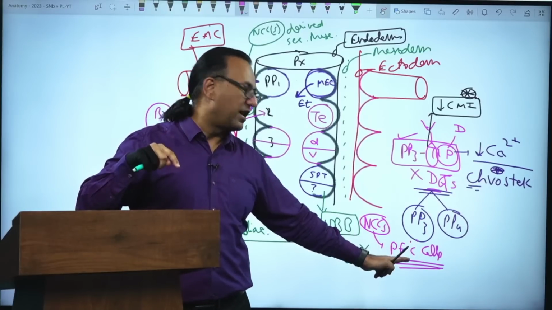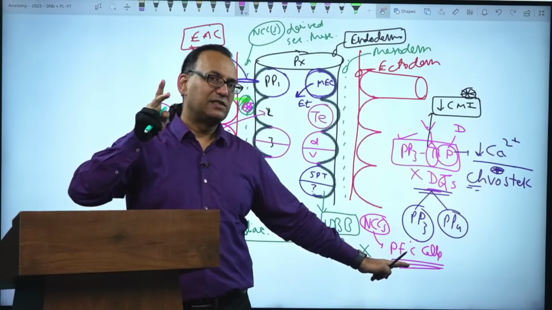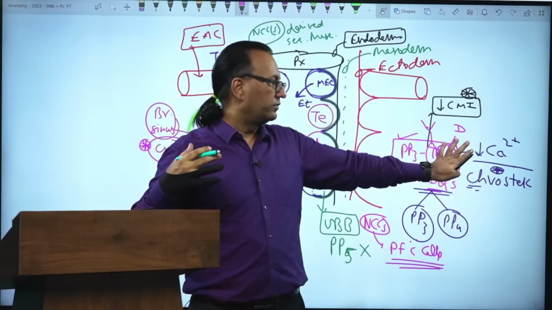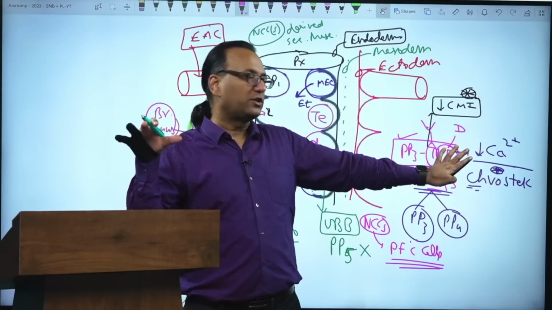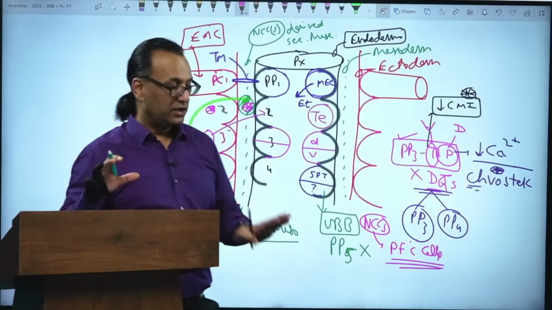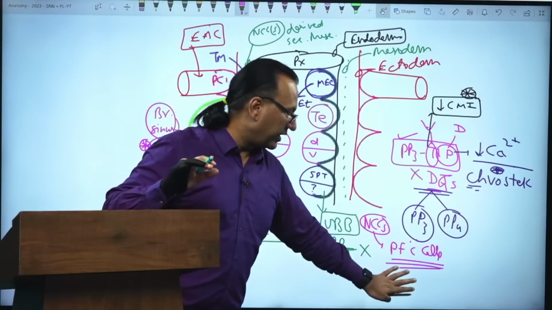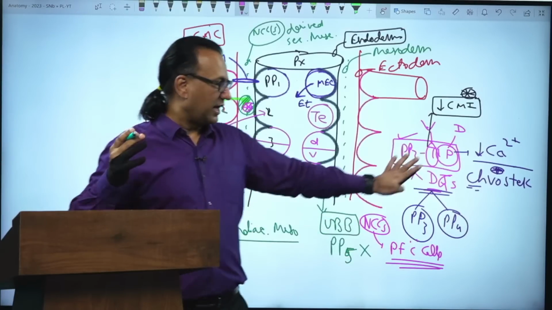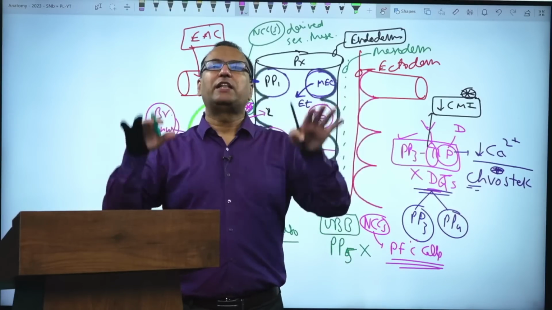And that calcitonin hormone is to antagonize parathormone, because there should be a balance of blood calcium. So calcitonin is the hormone antagonizing parathormone, so that there can be a balance of calcium.